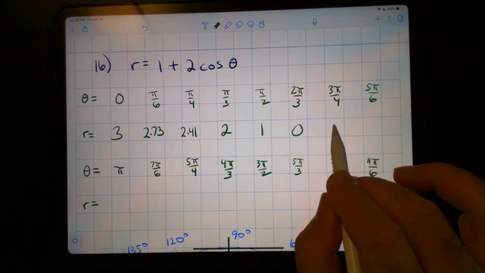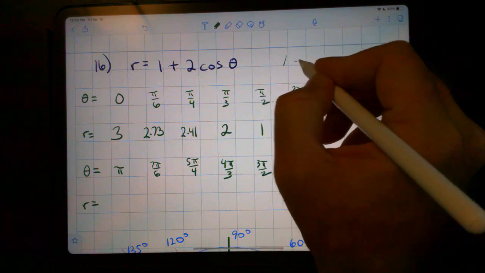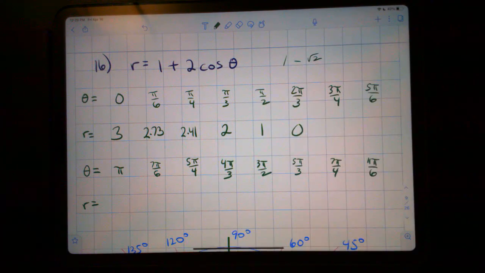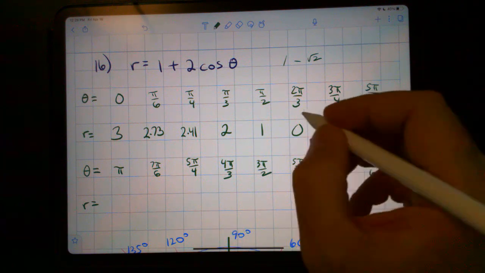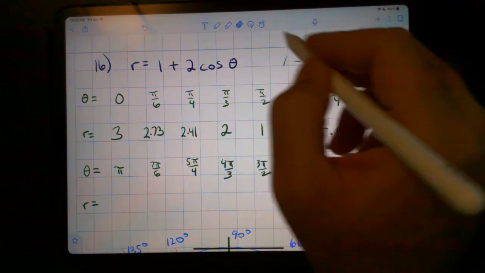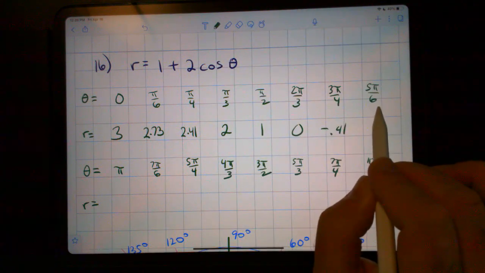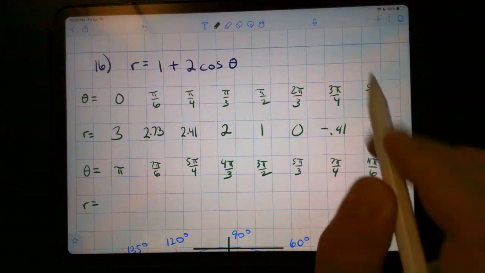3 pi over 4. Cosine of 3 pi over 4 is negative radical 2 over 2. So this turns into a 1 minus radical 2, which is a negative 0.41. Cosine of 5 pi over 6 is negative radical 3 over 2.